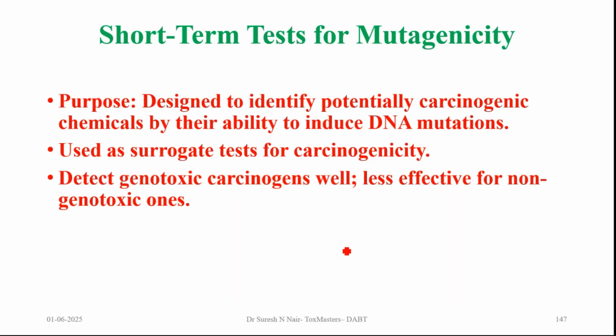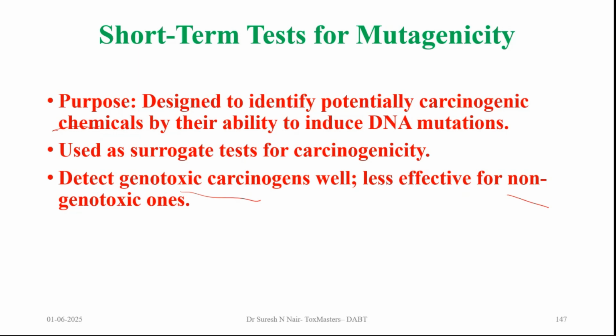And the short-term test for mutagenicity, the purpose is to identify a potential carcinogenic chemical by their ability to induce DNA mutations. And they are used as a surrogate test for the carcinogenicity, and as a direct carcinogenicity test it is less effective for non-genotoxic ones. Okay, so this will work with the genotoxic carcinogens, but it may not work well with the non-genotoxic ones.